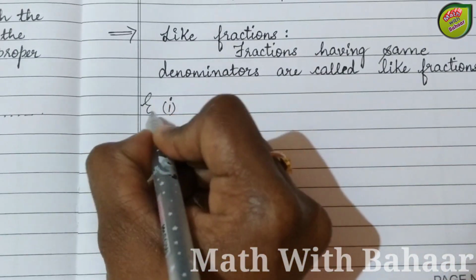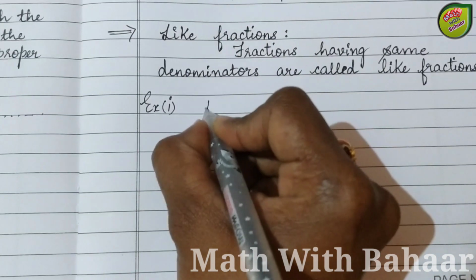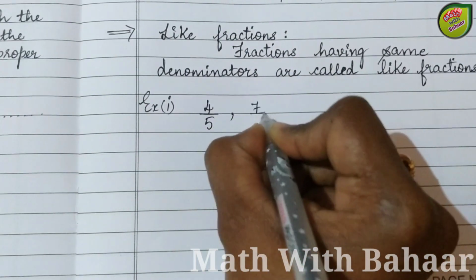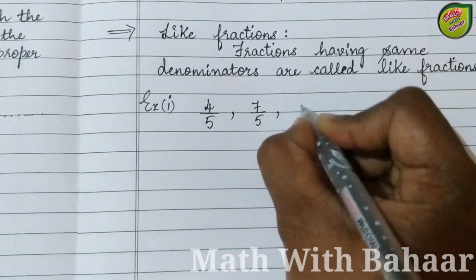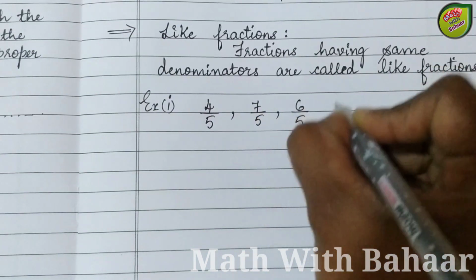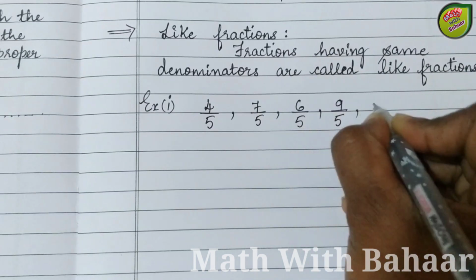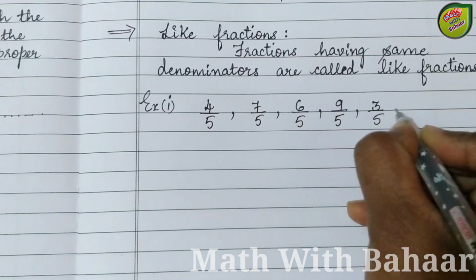Let us have some examples. The first example we are going to consider is 4 by 5, 7 divided by 5, 6 by 5, 9 by 5 and 3 by 5.